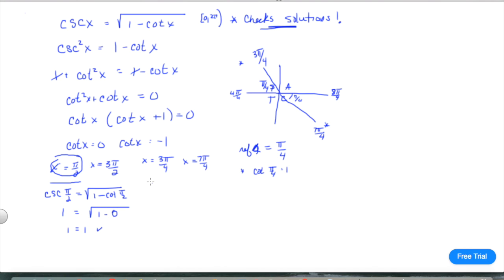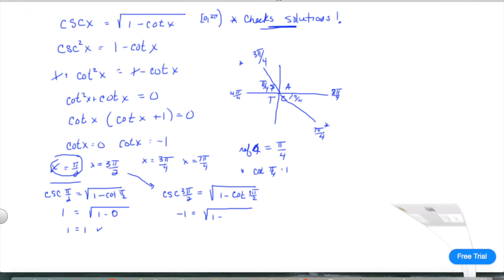All right, so if I check 3 pi over 2, I would have cosecant of 3 pi over 2 is equal to the square root of 1 minus cotangent of 3 pi over 2. Okay, so cosecant of 3 pi over 2. Again, if I consult my cheat sheet, I will find that it's negative 1 is equal to 1 minus cotangent of 3 pi over 2.